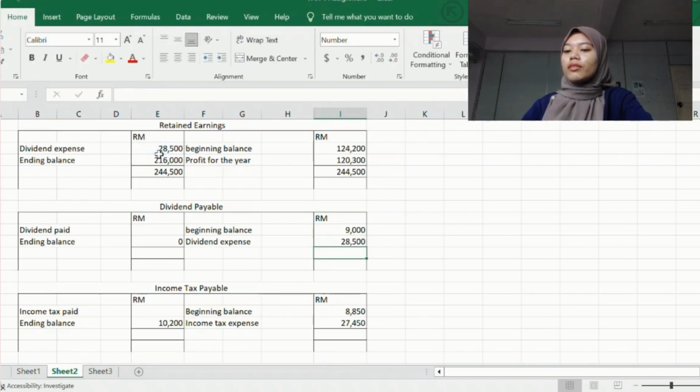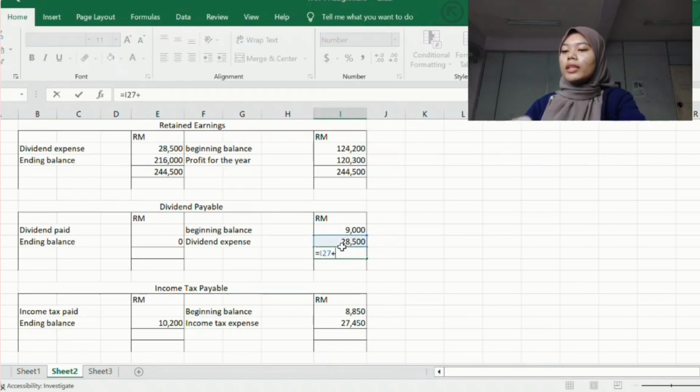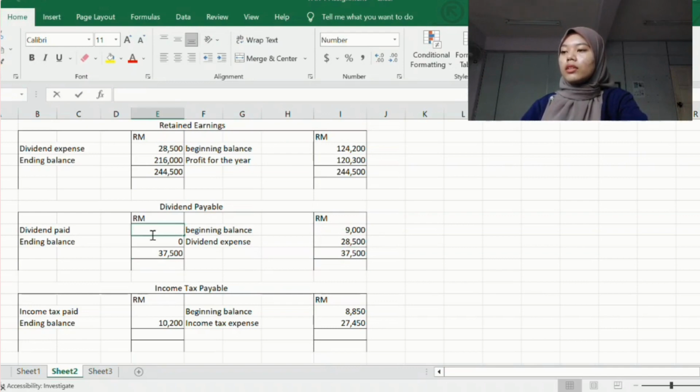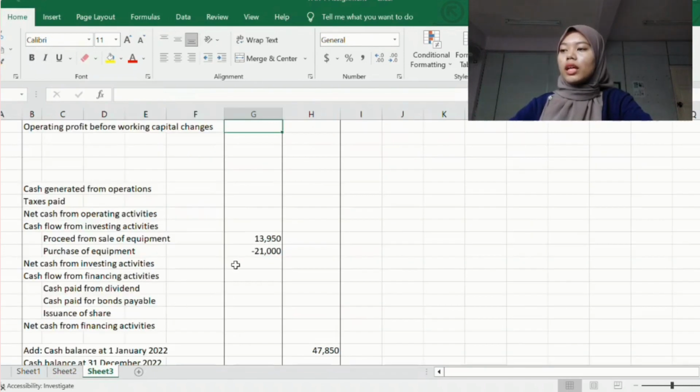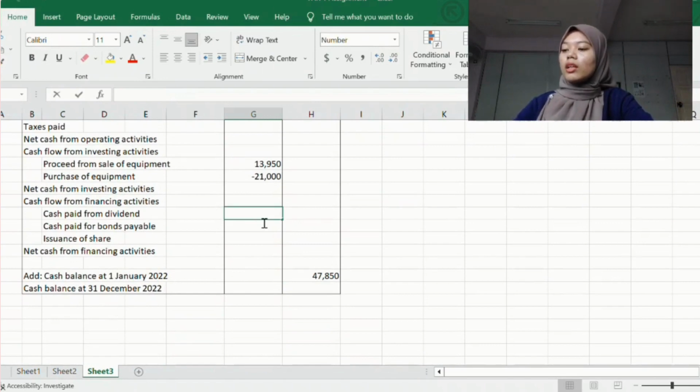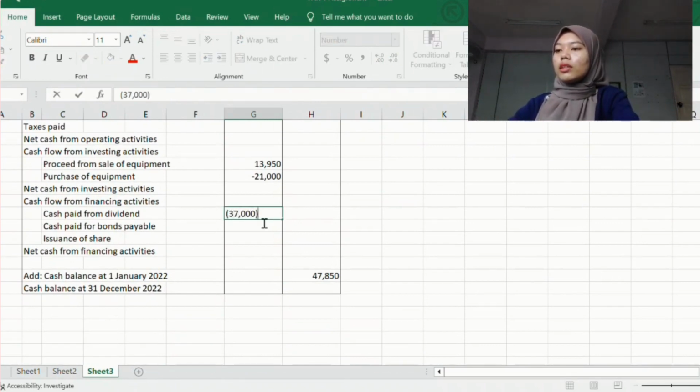In order to get dividend paid, we sum up these two and minus the ending balance, which is 0. So we got the same value. The dividend paid we put under the financing activities, cash paid for dividend. Since it is cash paid, we need to deduct.